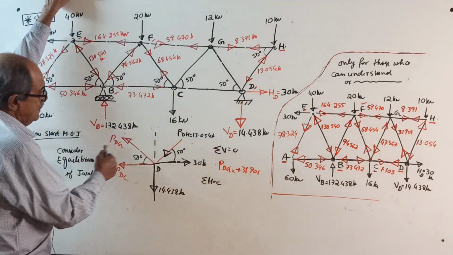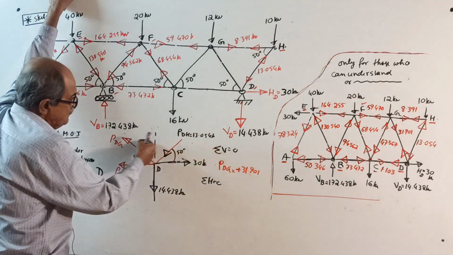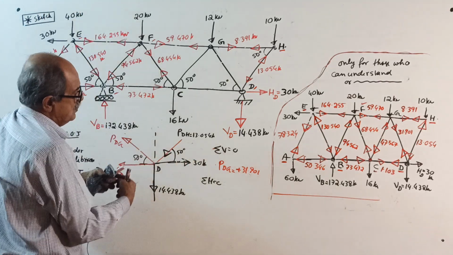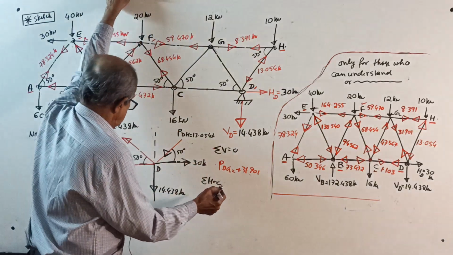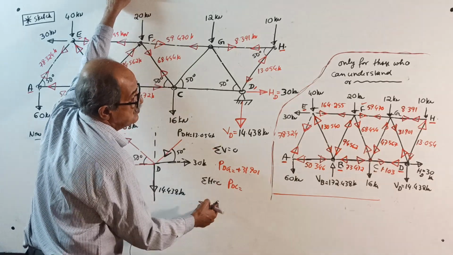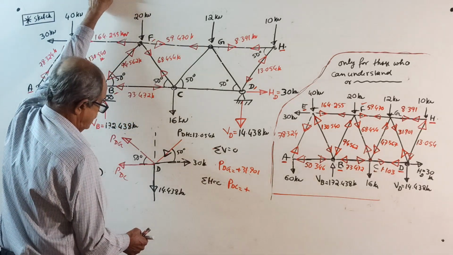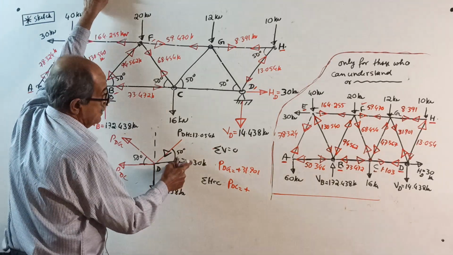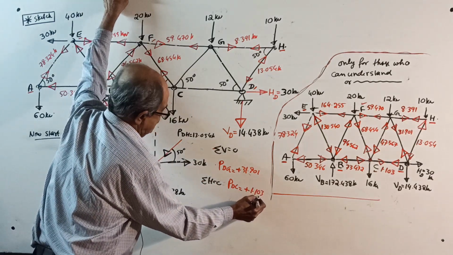Minus PDC minus PDG cos 50 minus 13.054 cos 50 plus 30 equal to 0. Substitute PDG equal to 31.901. You will get PDC, that also is plus, 1.103 kilonewton.